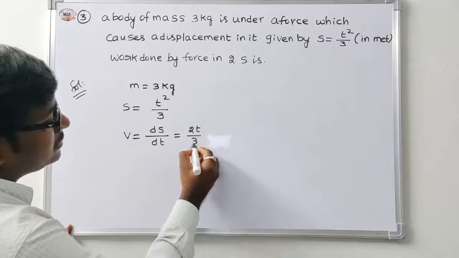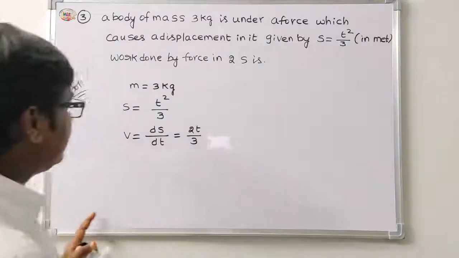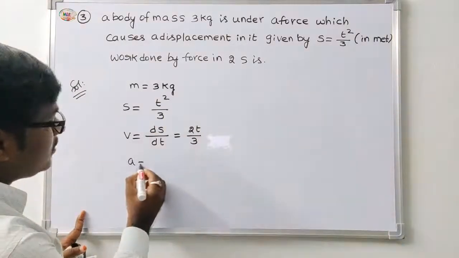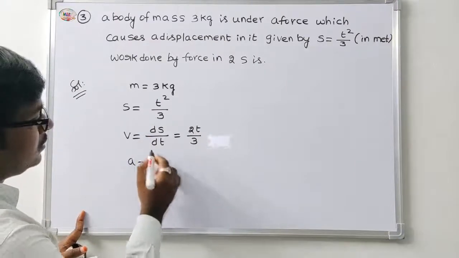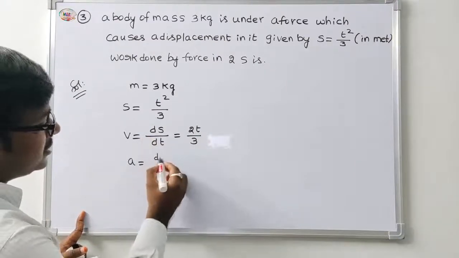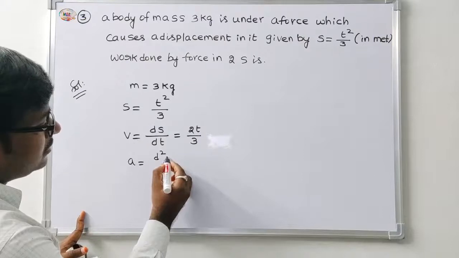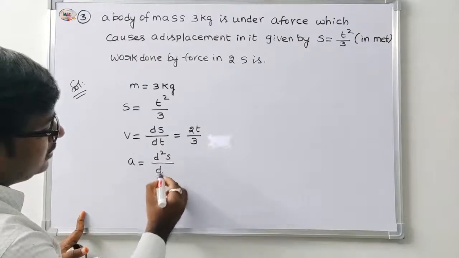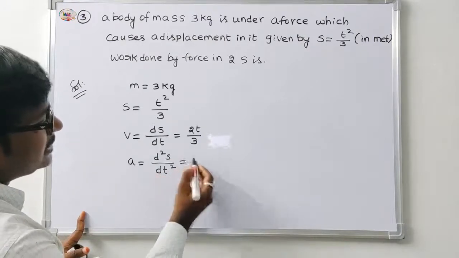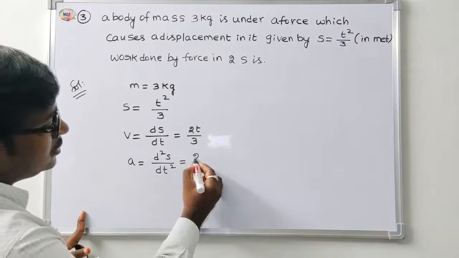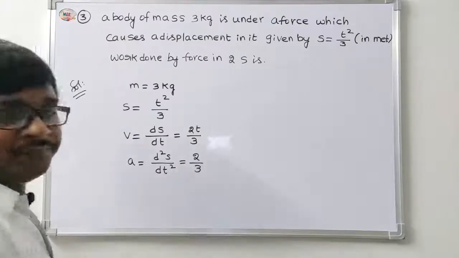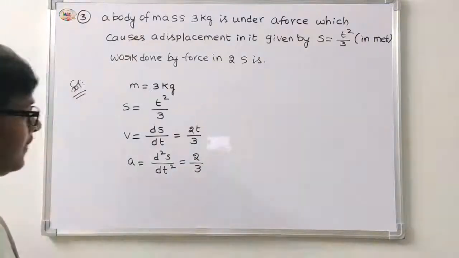This is the velocity. Next, acceleration a = again differentiation, d square s by dt square, that is equal to 2 by 3.